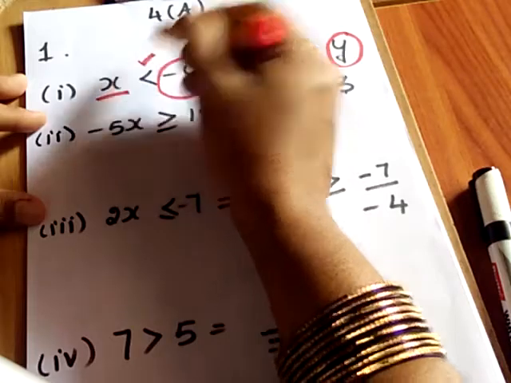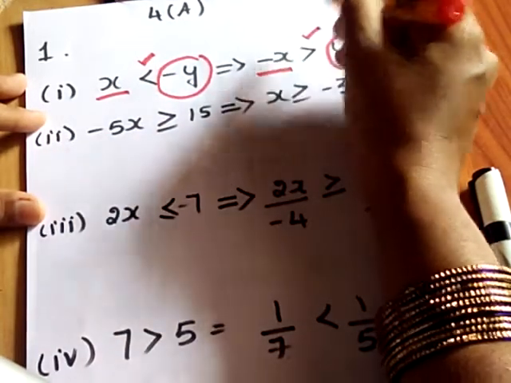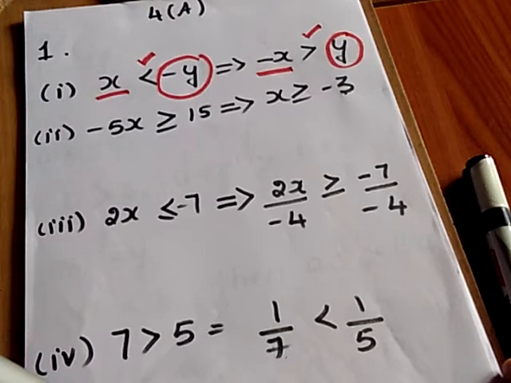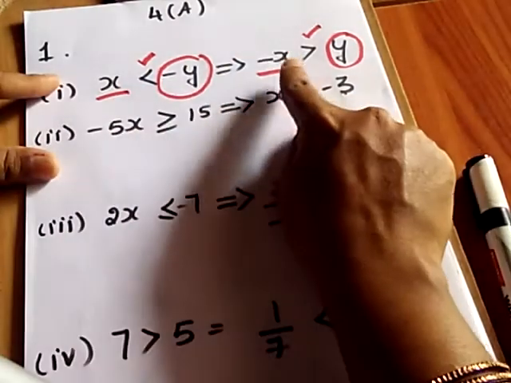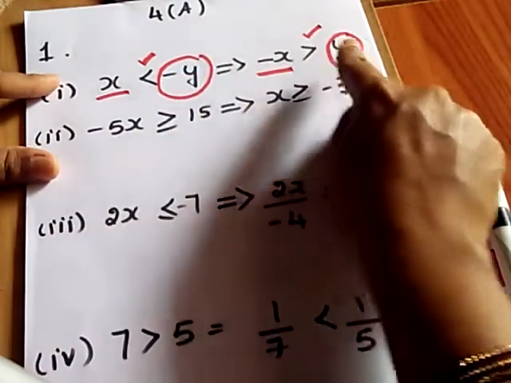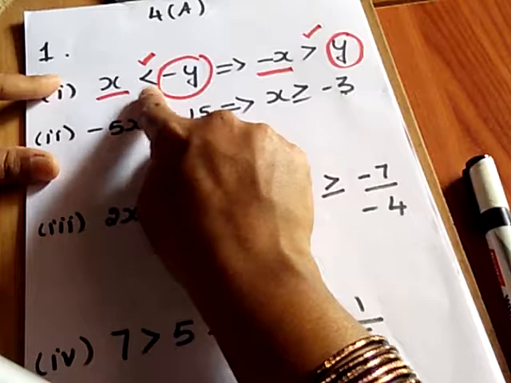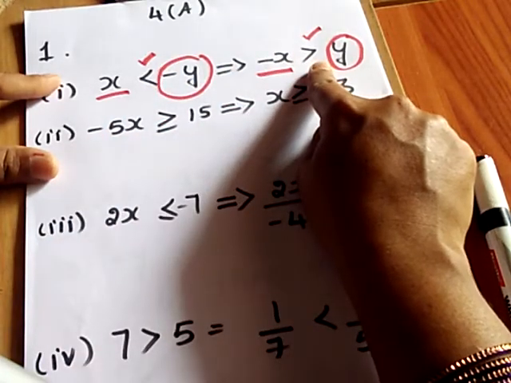The less than symbol has been changed to the greater than symbol. We know by the rule, if both sides of the inequation are sign changed, then the inequation sign reverses or flips. So x has become minus x, minus y has become y, hence the sign less than has reversed to greater than.